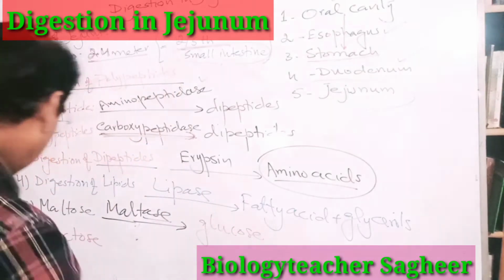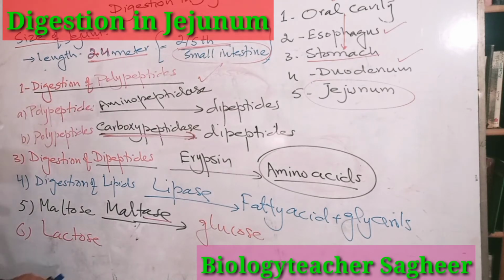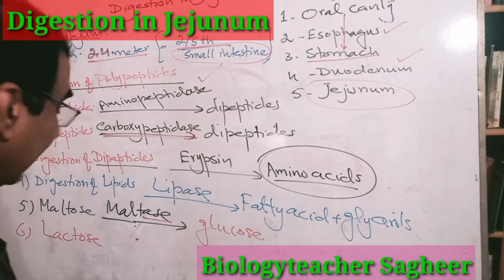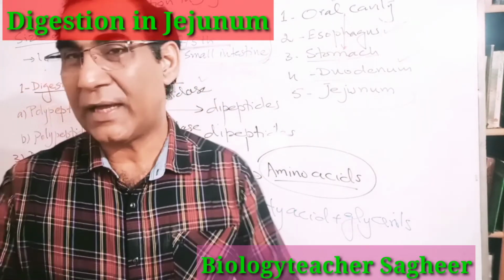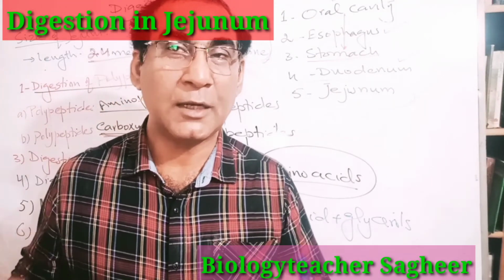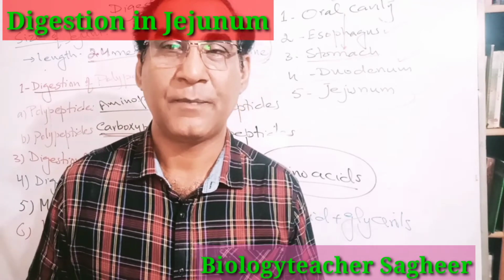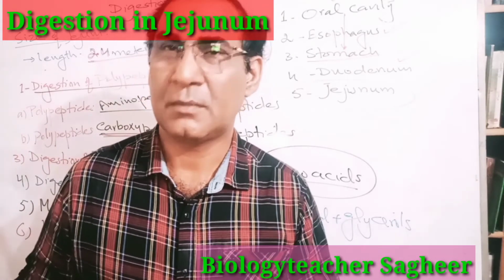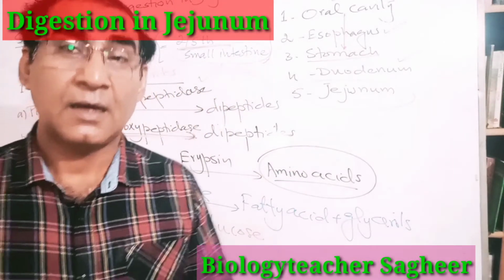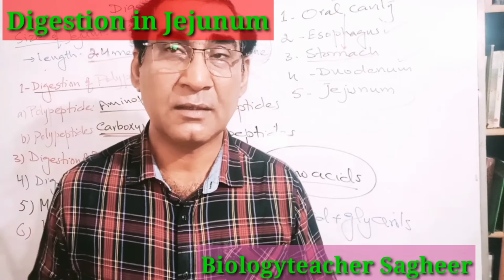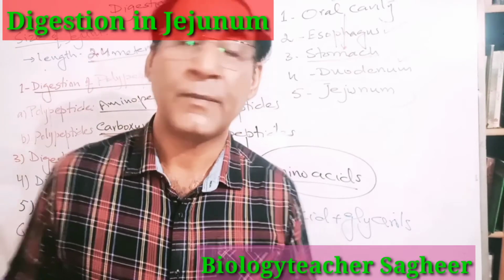Now, there is another important disaccharide that is found in milk. Many enzymes are there in the milk, and proteins are also there. A very important protein is lectin, which is also found in milk.